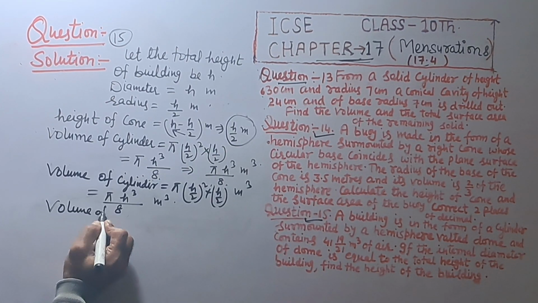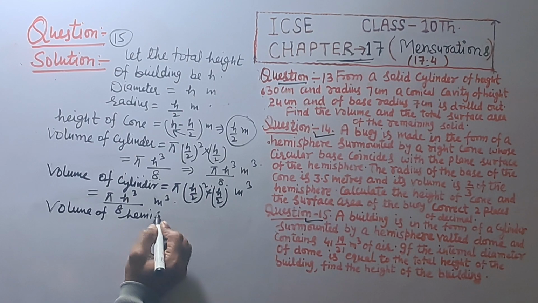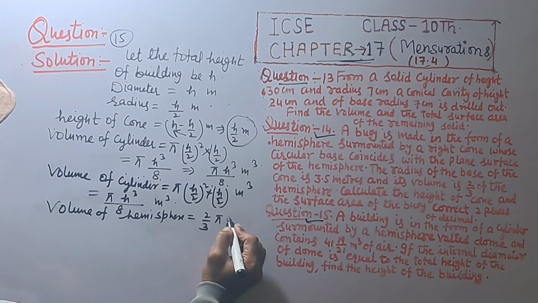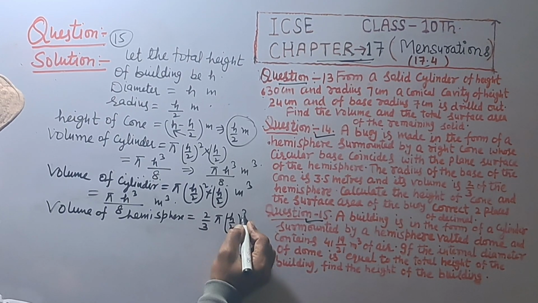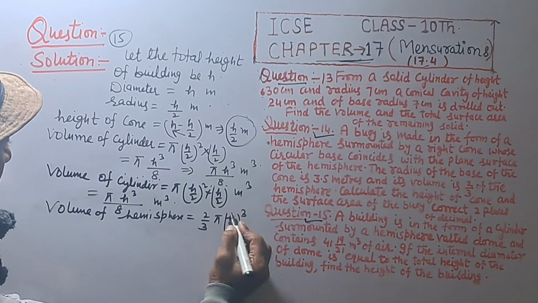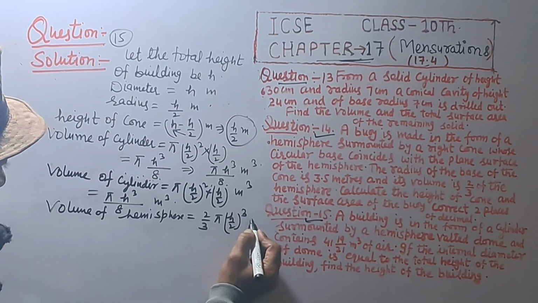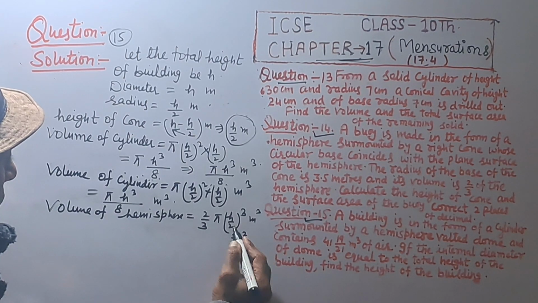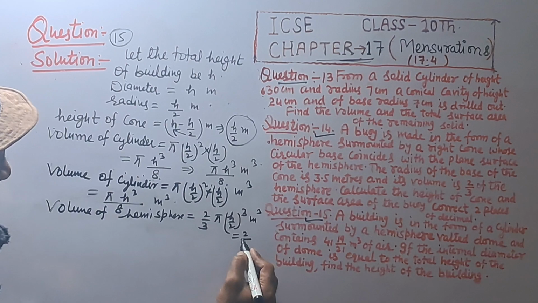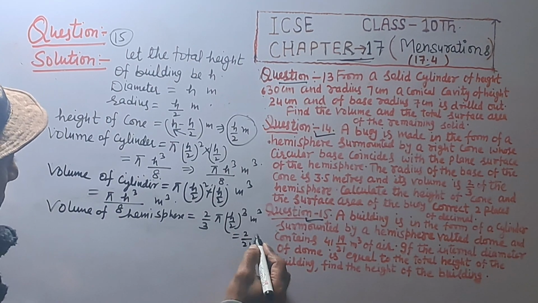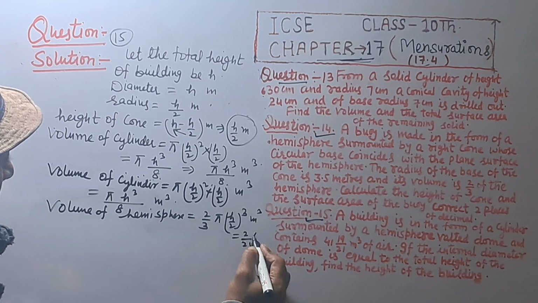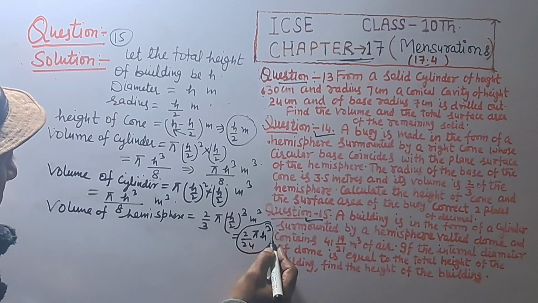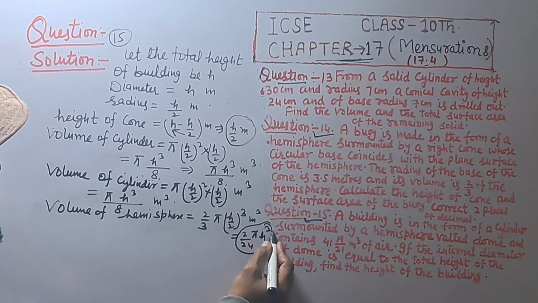And volume of hemisphere is equal to 2 upon 3 pi r cube, r is h upon 2, meter cube, that is 2 upon 2 to the power 3, which is 8, 8 3s are 24, pi h cube, and meter cube.